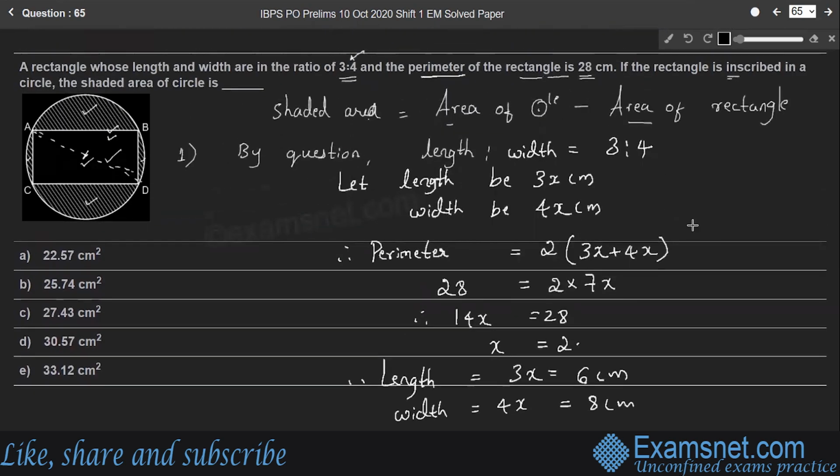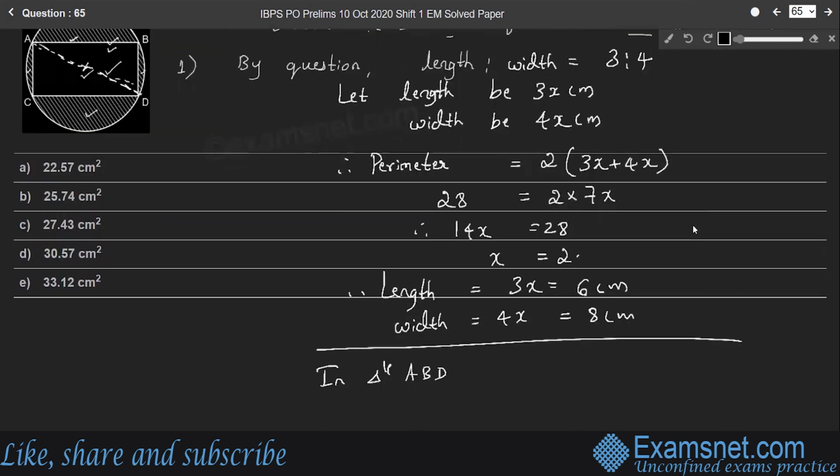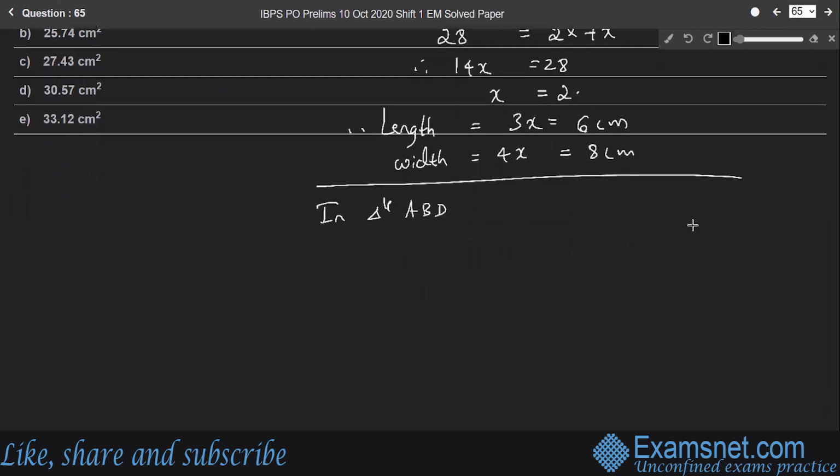So, consider triangle ABD, join AD. In triangle ABD, using the Pythagoras theorem, AD square is AB square plus BD square.